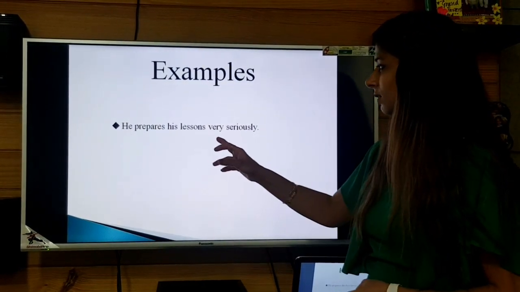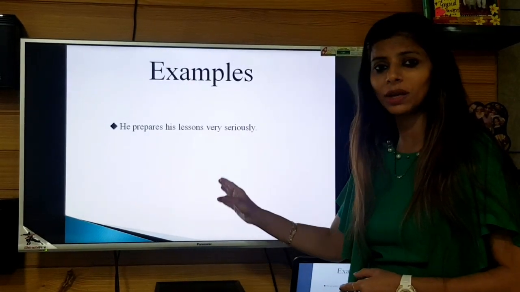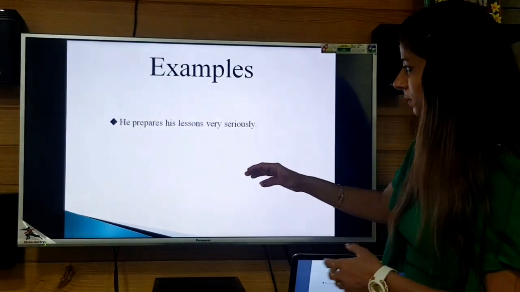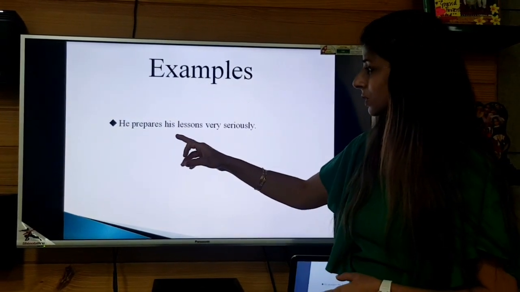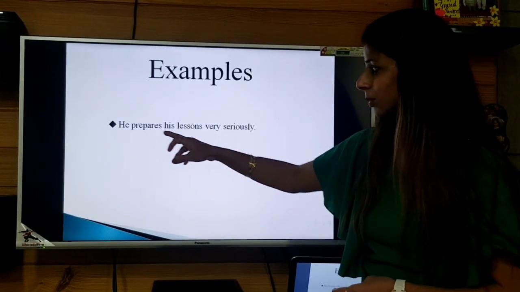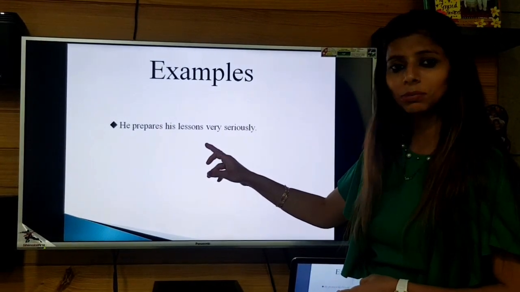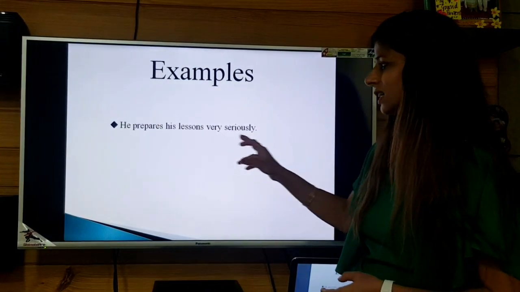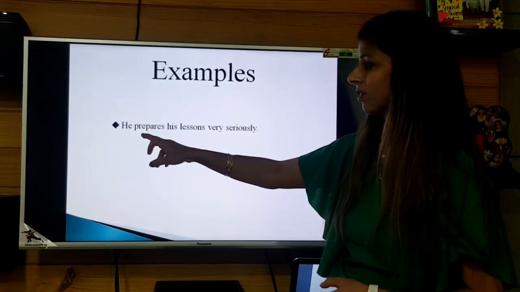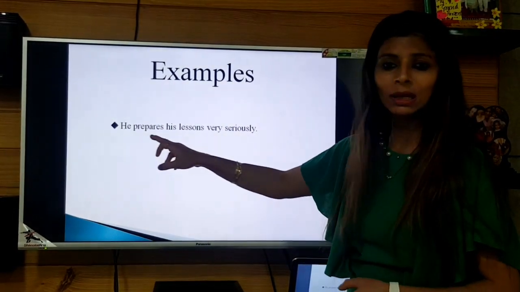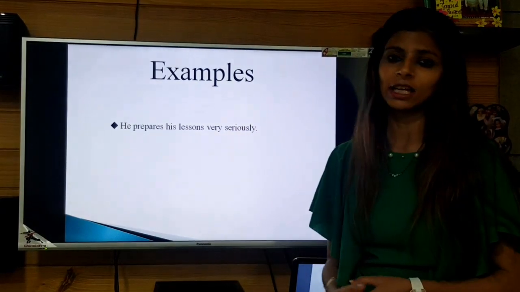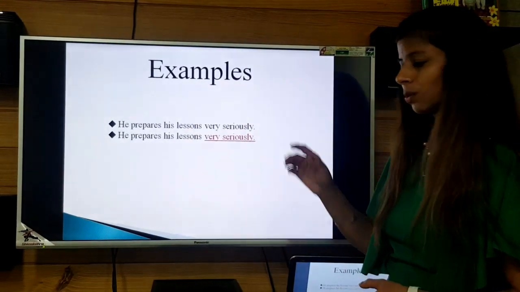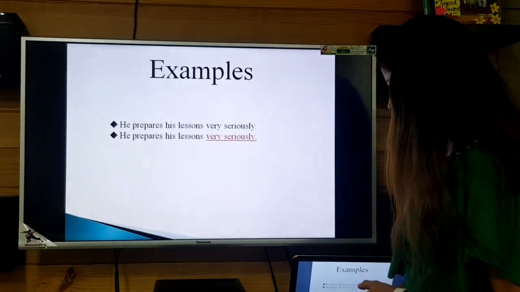Let's see whether this ly word is relating to a verb or whether we are wrong here to spot an adverb. He prepares. Which action does he do? He is preparing. And how is he preparing? Seriously, very seriously. So definitely this very seriously is modifying the action word, the verb prepares. So it is taken as an adverb phrase. So it is very easy to spot. Now you must be very clear with this.